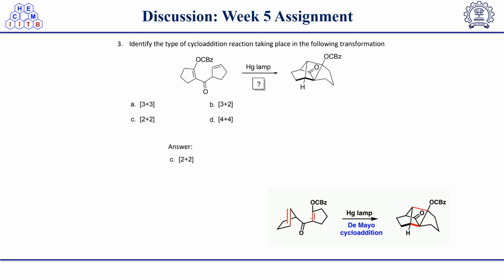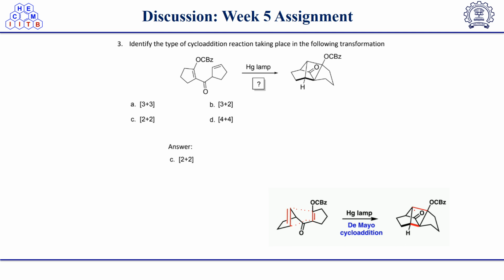So now it is easier to visualize the bond formation. A new bond is getting formed between these two carbons, and a new bond is getting formed between these two carbons. So basically the ring will be 1, 2, 3, 4.